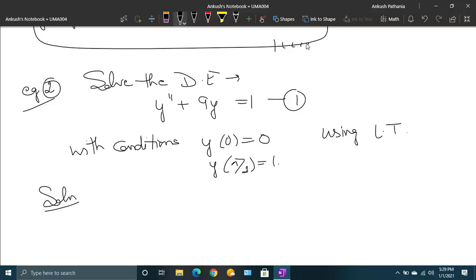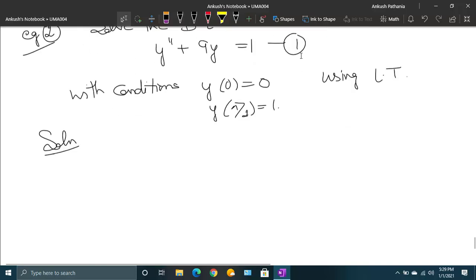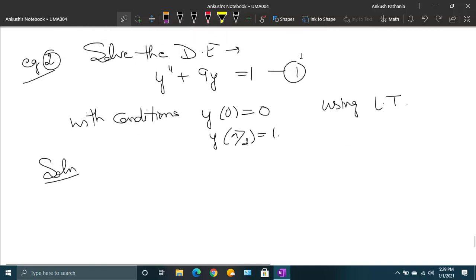So he wants us to solve this differential equation by using Laplace transform. Clearly you can see it is a boundary value problem, because the conditions prescribed are at different points, not a single point. These are different points, at 0 and pi by 2. So this is a boundary value problem.